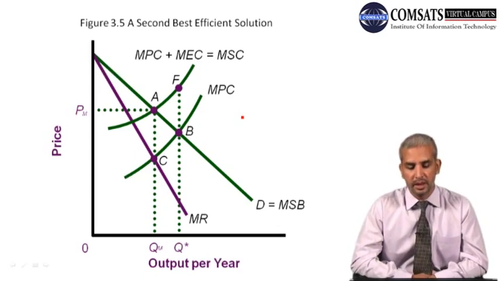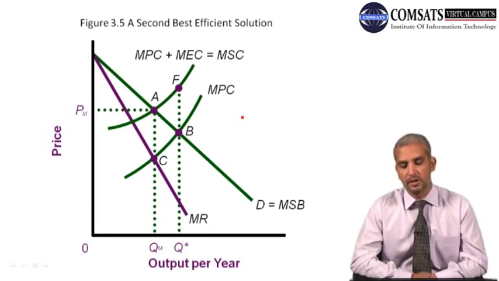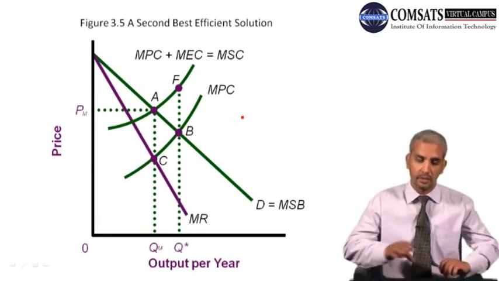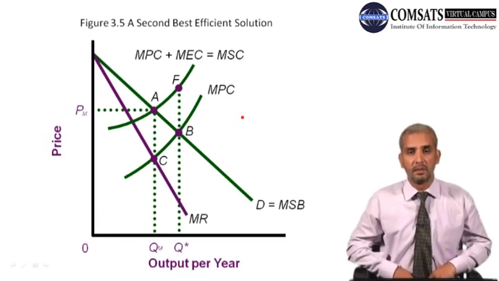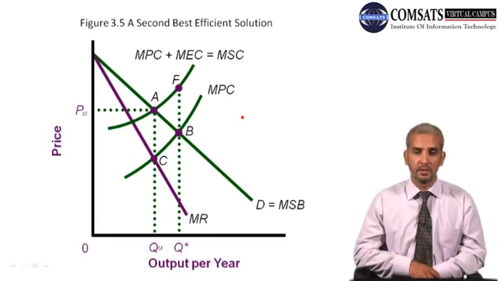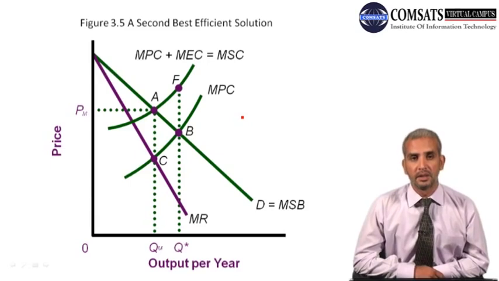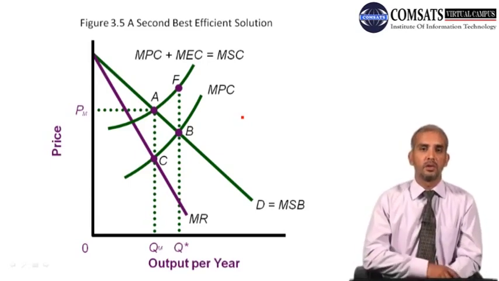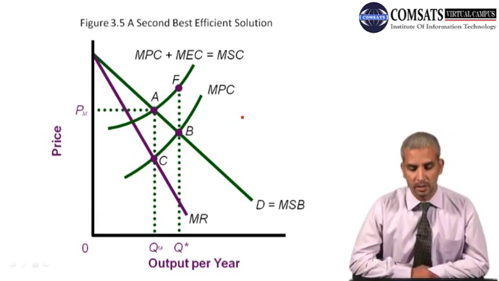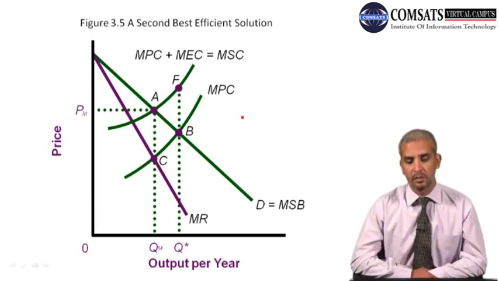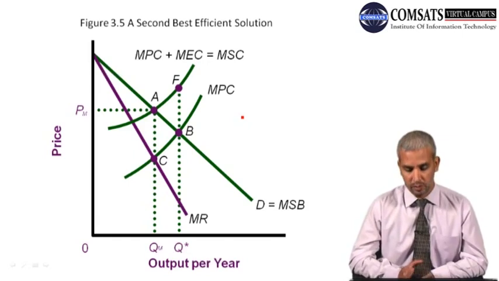Now you see that the monopolist is producing a lesser quantity than it should have been producing at Q star. And the government, which we discussed in the case of market failures one or two lectures back, can either dissolve the monopoly, or cause the monopoly to increase the quantity to Q star.